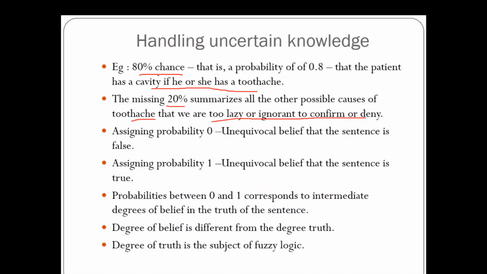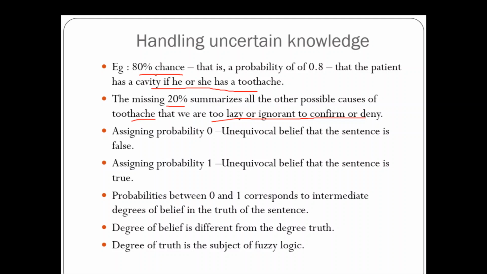Because the list is very huge, that comes under the issue of laziness. We cannot check all the conditions to find why a person is suffering, because the list is huge. So this comes under the issue of laziness.